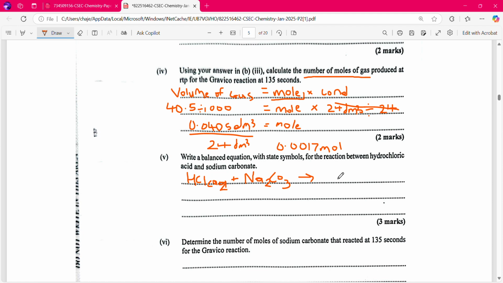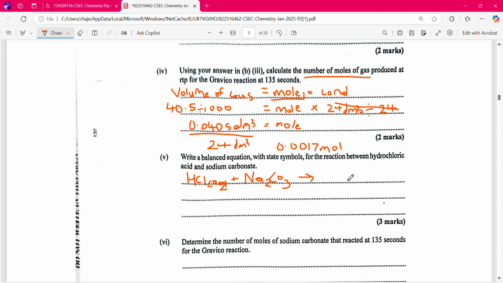We have carbonate plus acid. What's the state symbol of the sodium carbonate? It is not solid. Why is it not solid? I believe the rule says that all carbonates are insoluble except carbonates of sodium, ammonium, and potassium.